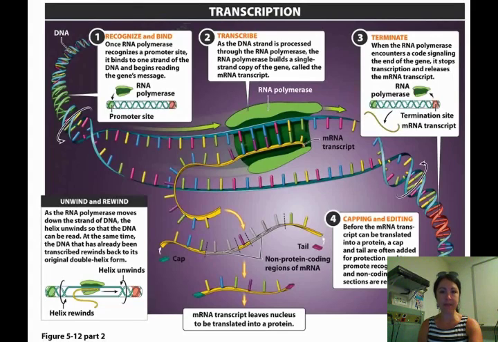The second step here is transcribing. As the DNA strand is processed through, the RNA polymerase builds a single-stranded copy of the gene called the mRNA transcript. What you see here is this big greenish glob, and this is RNA polymerase, which is a chemical that's helping to attach the pieces of mRNA to the DNA to make these complementary strands.